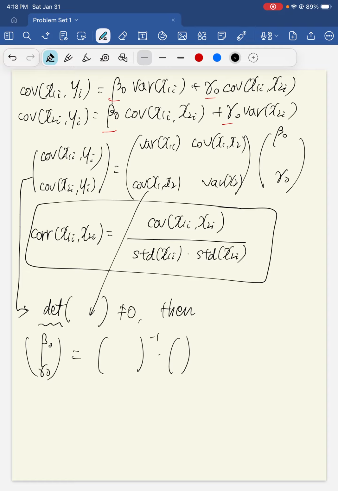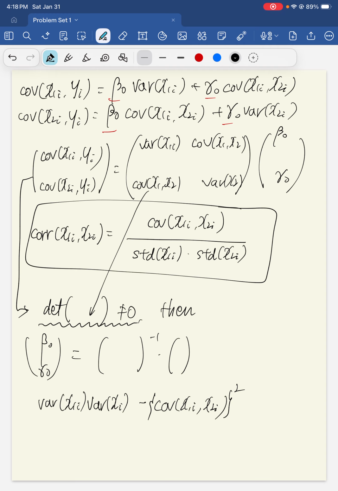We could solve, that is how we solve linear equations. So it depends on the determinant. The determinant is variance x1i times variance x2i minus covariance x1, x2 squared.